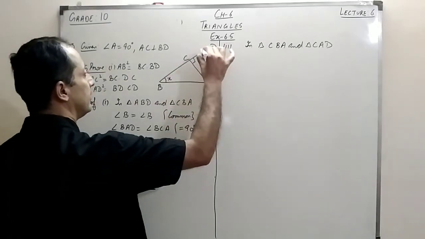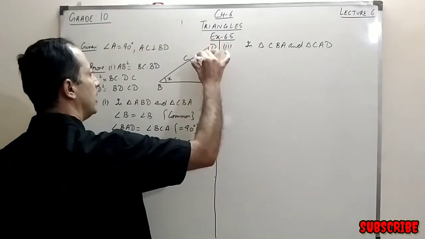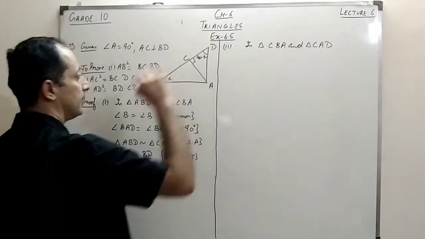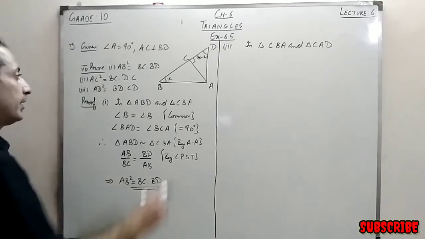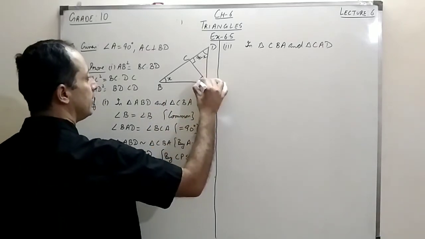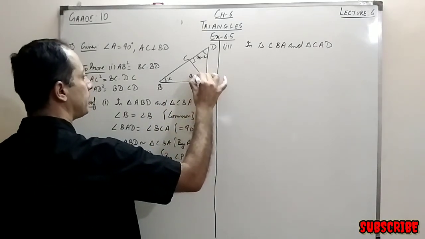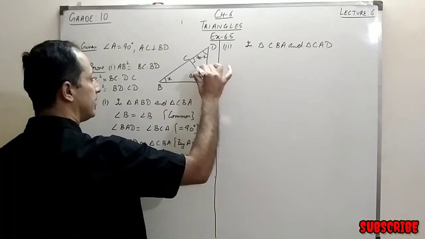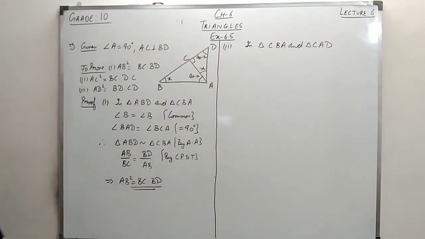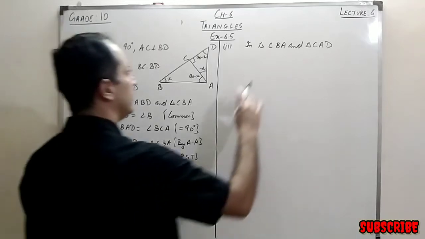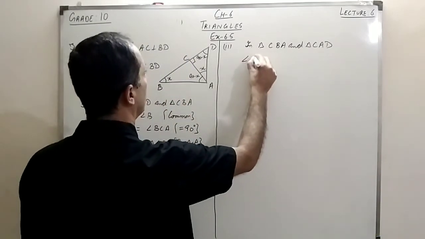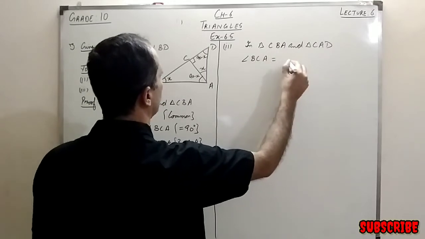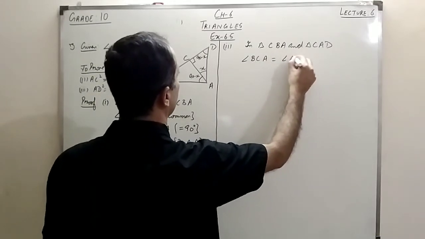So if this is x, the other angle would be 90 minus x. Right? Now if I take triangle ABC, this is x, so this will be 90 minus x. And obviously this angle comes out to be x. So now I take two triangles CBA and CAD. I write from here angle BCA is equal to angle ACD.